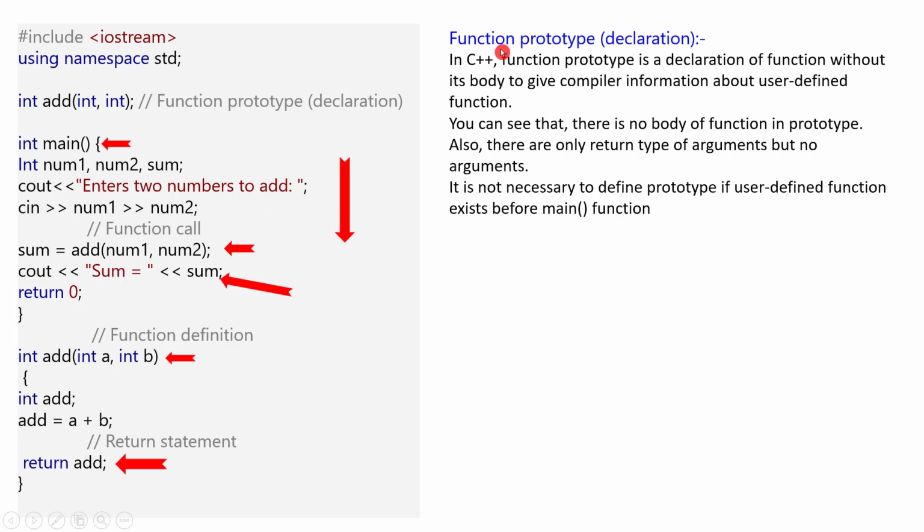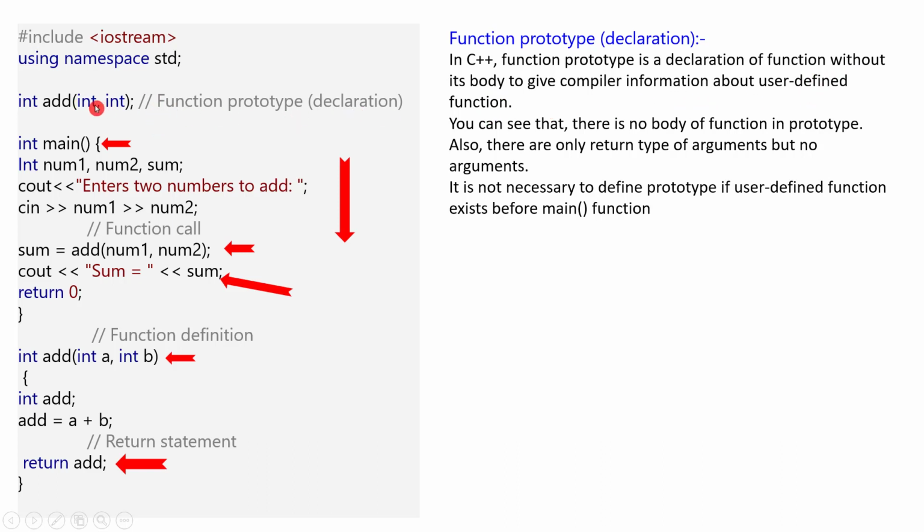This is very important because this entire module is based on the function. This is the function prototype declaration, something declared outside all the programs, which is common for all. In C++, a function prototype is a declaration of a function without its body, to give the compiler information about the user-defined function.